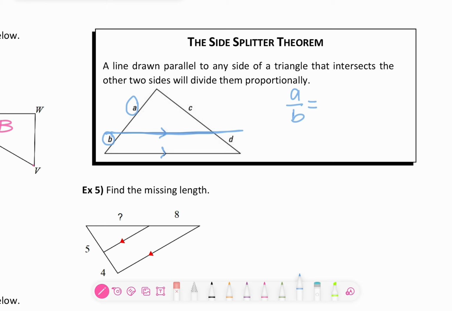In the same order. So for example, since A is the top portion, then C would be in the same position as A. So C would be in the top of our fraction. And then D would be at the bottom in the denominator, and that's because D is in the same position as B. Okay, it's in the same place.